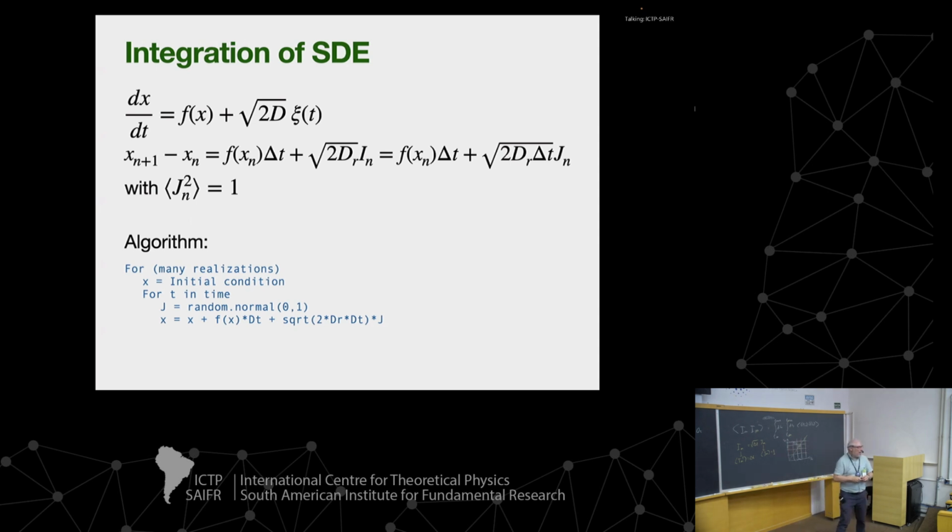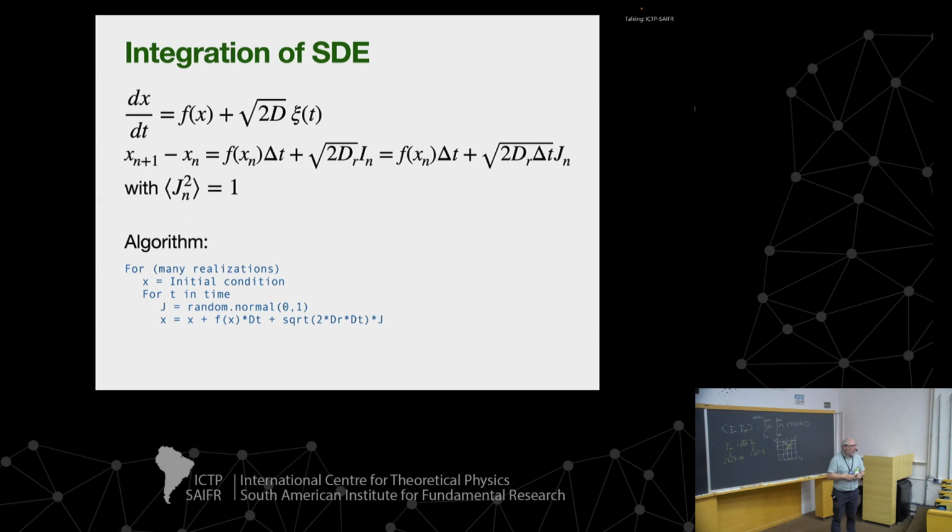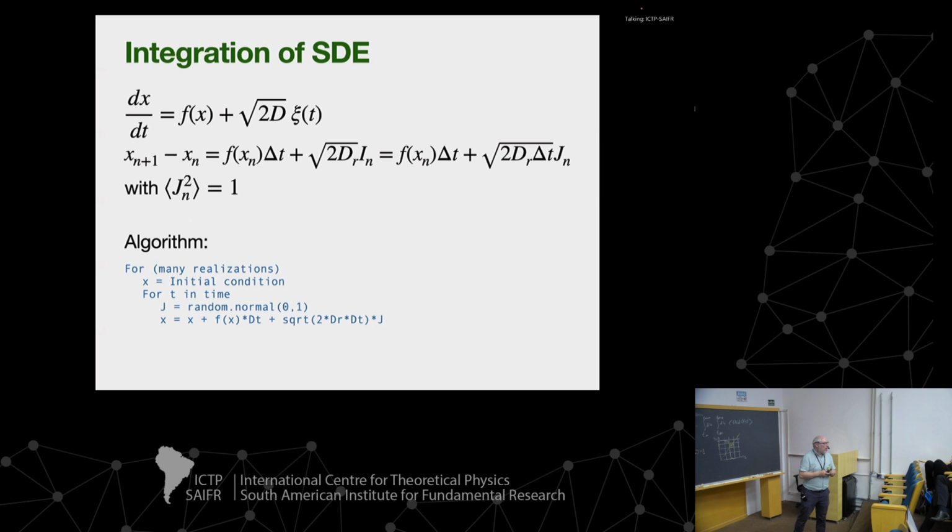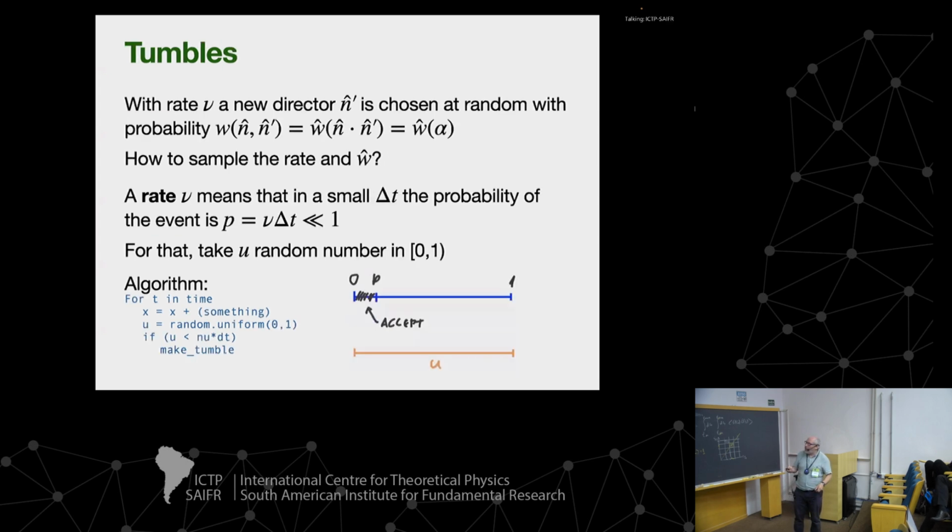I have a kind of a technical question. Can you use adaptive Euler here? Adaptive Euler, when you control the time steps, for instance, so that it increases or decreases depending on the behavior of the function. Yes, you can.